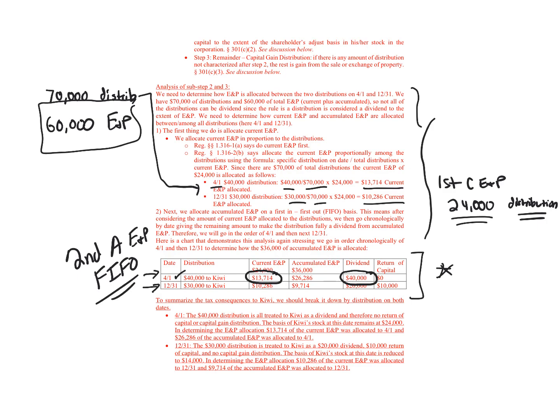The remaining, to get up to $40,000, we take $26,286 of accumulated E&P. We know $10,286 is allocated to current E&P on December 31st. So we have $9,000 left because we don't have enough of the accumulated E&P to cover it. And that's how you do this calculation. The question is going to ask you how much current E&P on a specific date is allocated and how much accumulated E&P, and that's what you need to focus on.